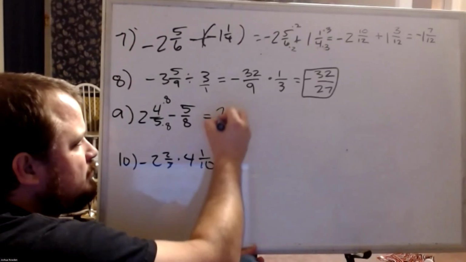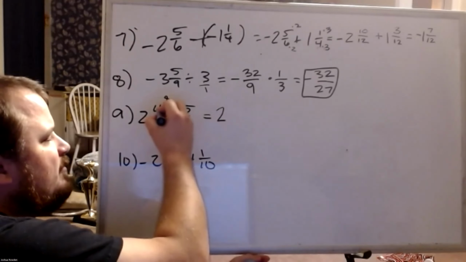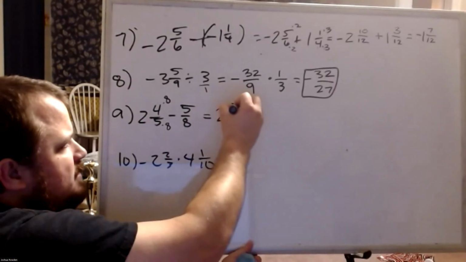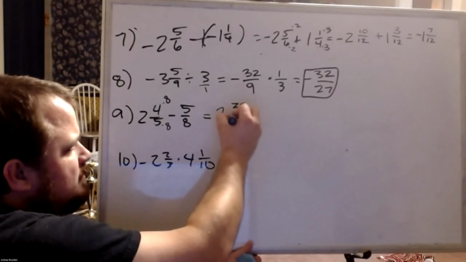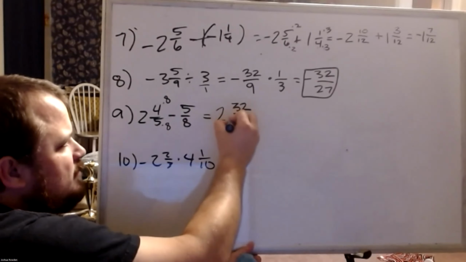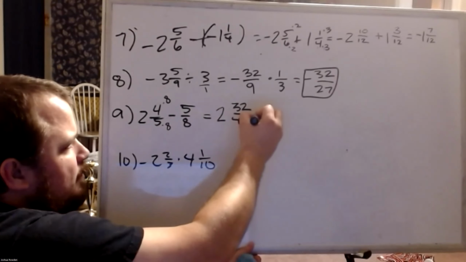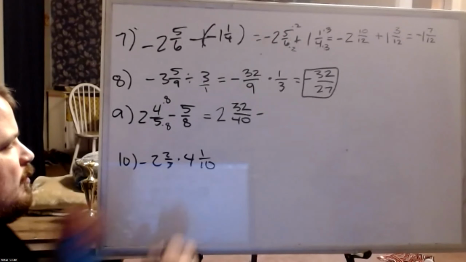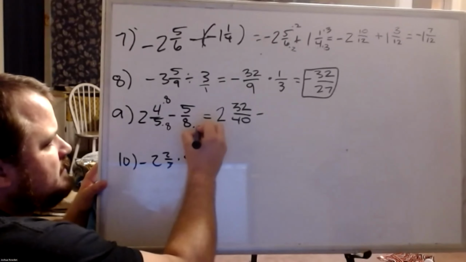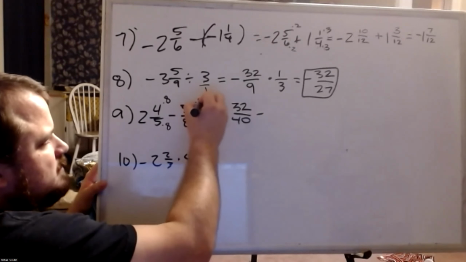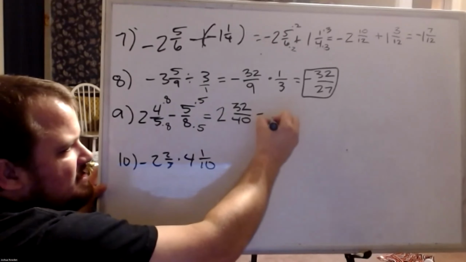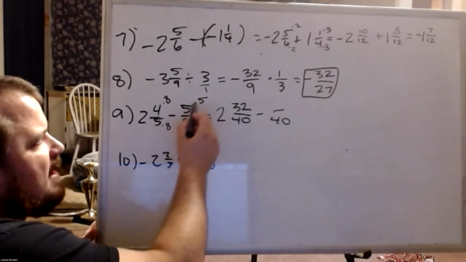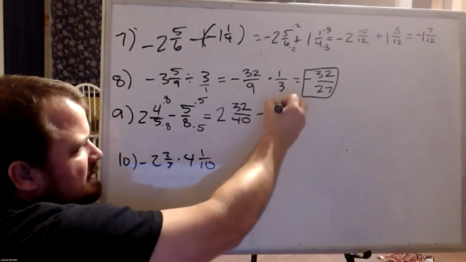So we'll have 2, and we will have 8 times 4 is 32. And then we will have 5 times 8, which is 40, minus, and then in order to turn 8 into 40, you multiply by 5. So minus, we have a 40 on the bottom. And then on top, we'll have 5 times 5, so we'll have 25.